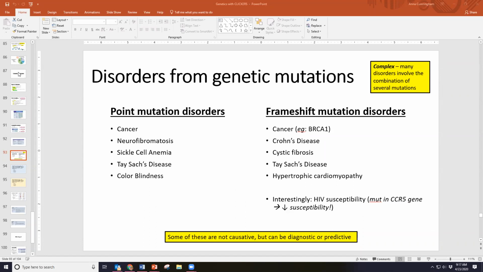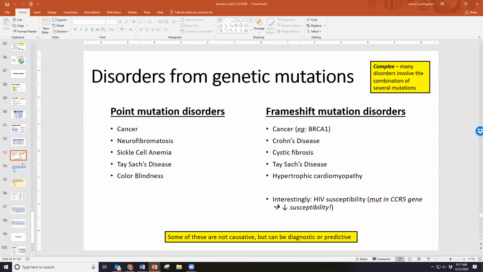However, people get screened for the BRCA1 mutation, because although that mutation is not solely causative for the cancer, it can be diagnostic. So some of these mutations are not directly or solely responsible for these disorders, but they can be diagnostic, used for screening purposes, and also predictive, which is useful. Okay, so cool. Let's move on.